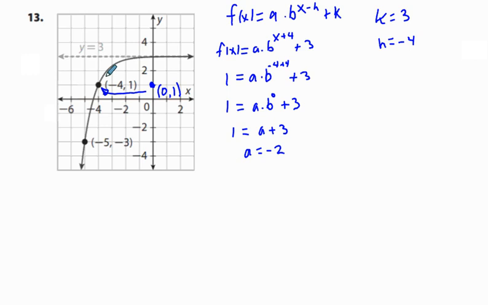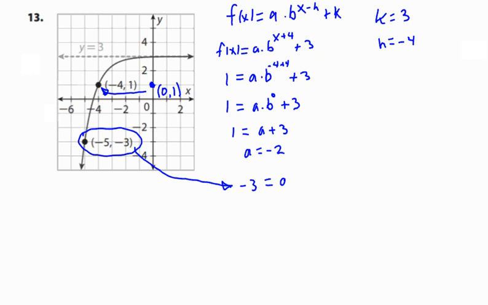Now we're going to use our second reference point, which is a transformation of negative 1, whatever ends up being here. So let's just work out the second point right here. So we're going to have negative 3 equals a.